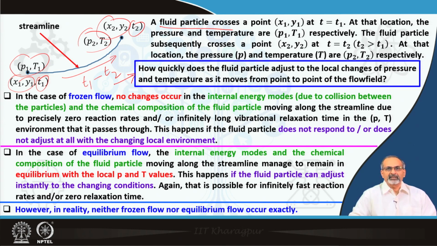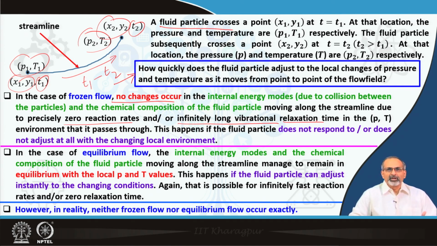So, if it is a case of frozen flow, no changes whatsoever would occur in the internal energy modes due to the collision between the particles, and the chemical composition of the fluid particle will be sustained. That is precisely because of the 0 reaction rates and infinitely long vibrational relaxation times that we already discussed. And therefore, essentially the fluid particle does not respond to or does not adjust at all with the changing local environment.